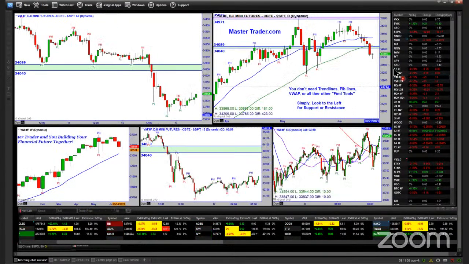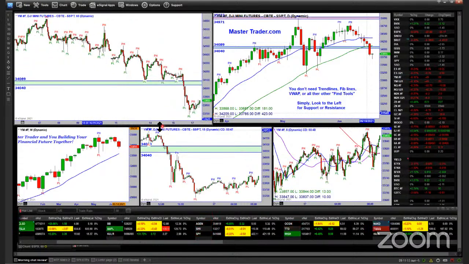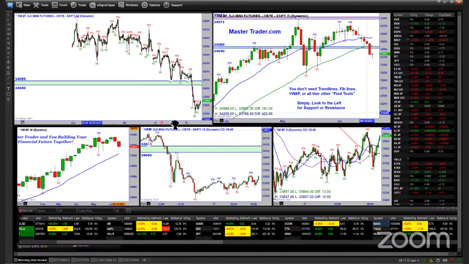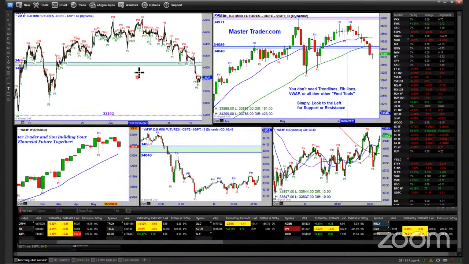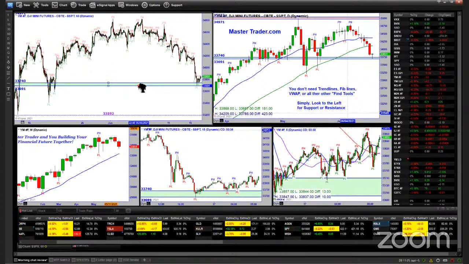Dow futures, extended down a little bit. They're not into any significant support here. Let me just look to the left here. First of all, let's see where we're going to drag this down to based on the hourly chart. We can go back that far, and so it's getting close, right?